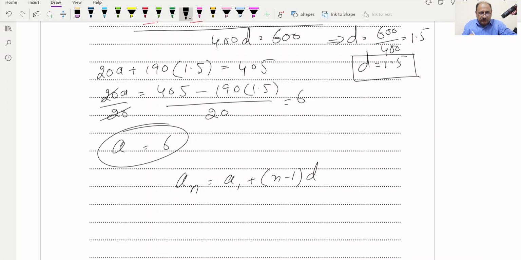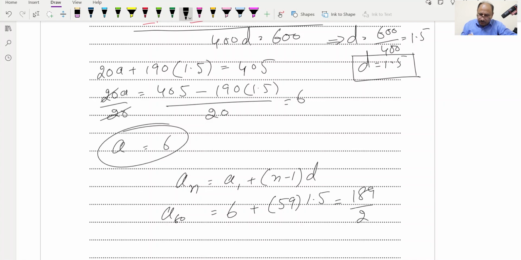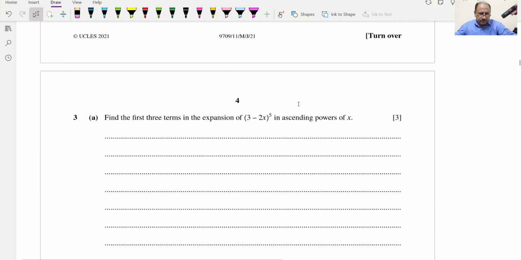So the 60th term is a1, which is 6, plus 60 minus 1, which is 59, into the d value 1.5. So the 60th term is 6 plus 59 multiplied by 1.5, which is equal to 189 over 2, or in decimal 94.5. This is the final answer for this part.